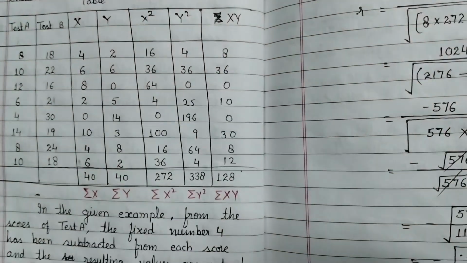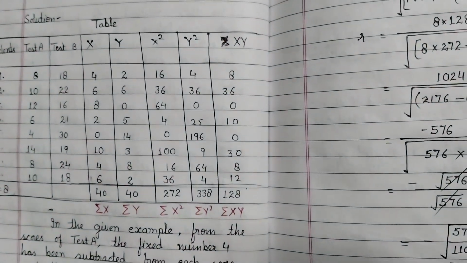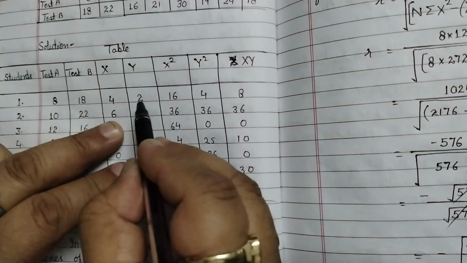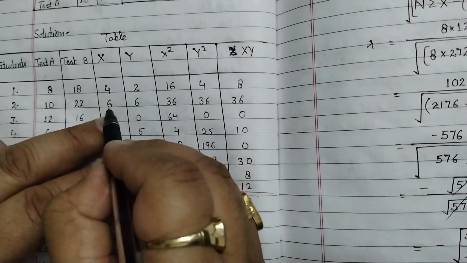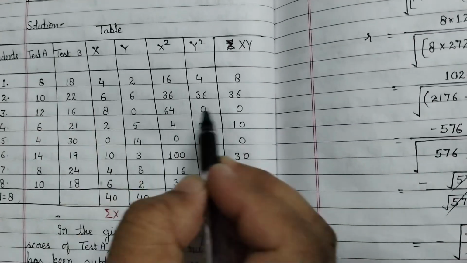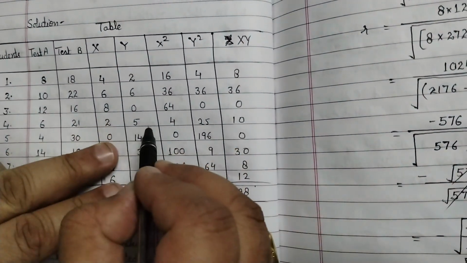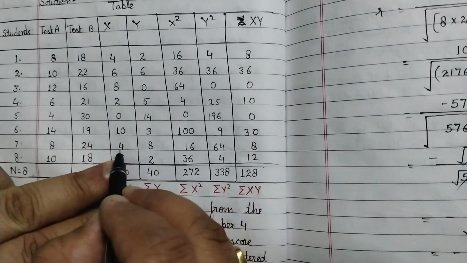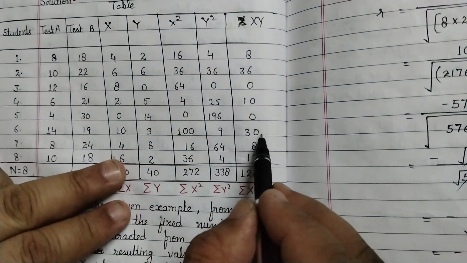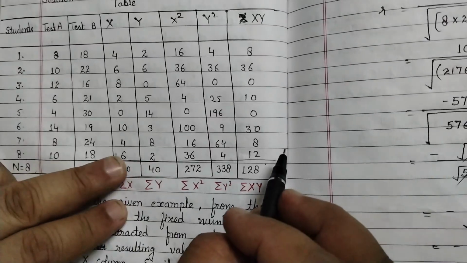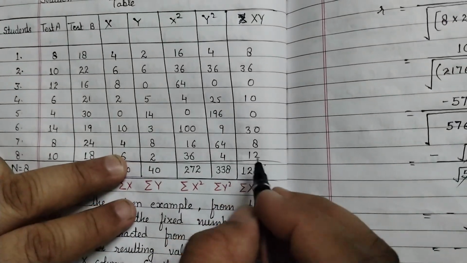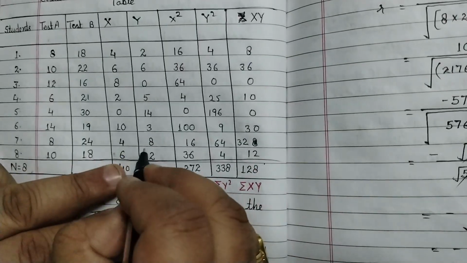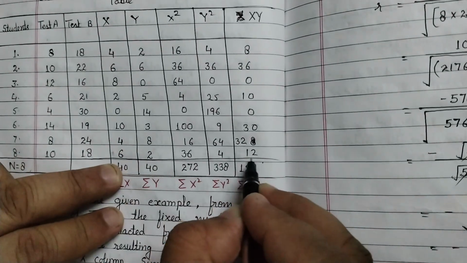Now the next column which I have to prepare here is the product of X and Y. 4 into 2 is 8, 6 into 6 is 36, 8 into 0 is 0, 2 into 5 is 10, 0 into 14 is 0, 10 into 3 is 30, 4 into 8 is 32, and 6 into 2 is 12.